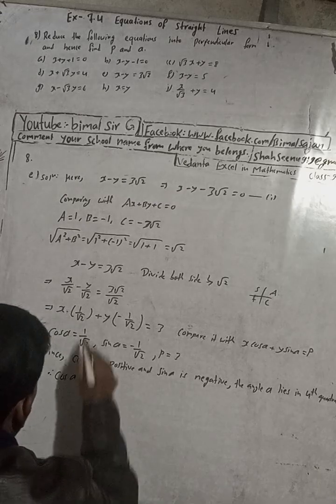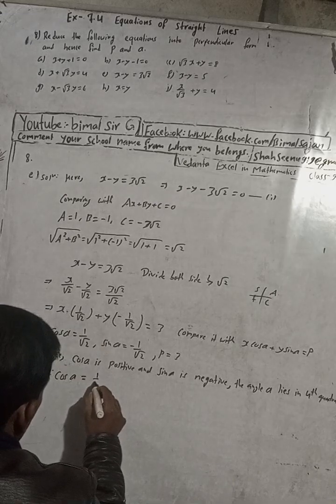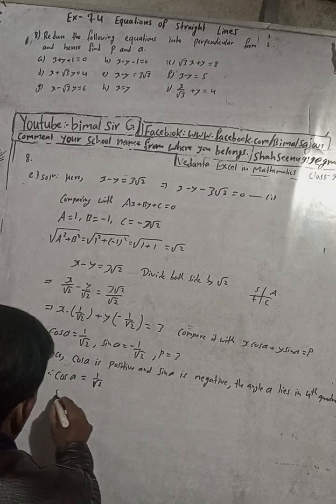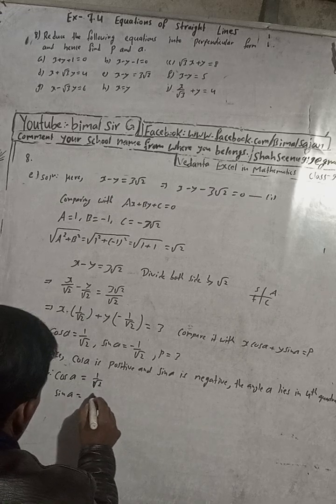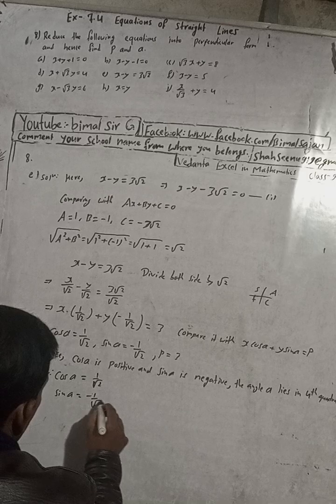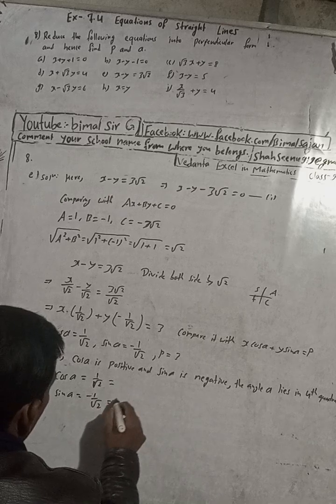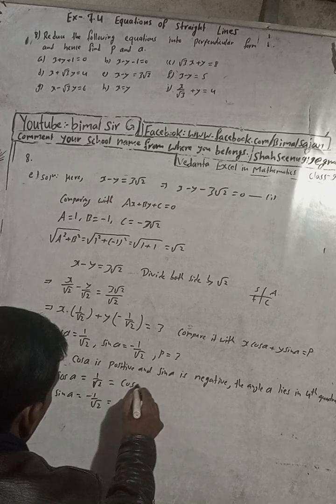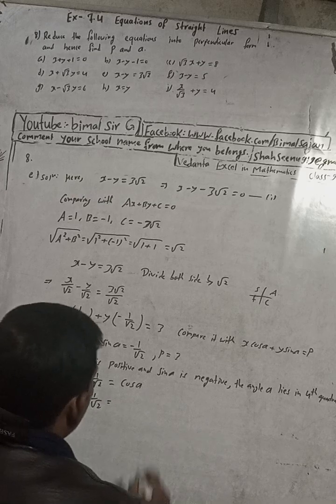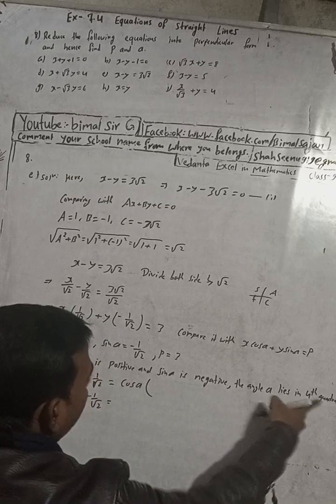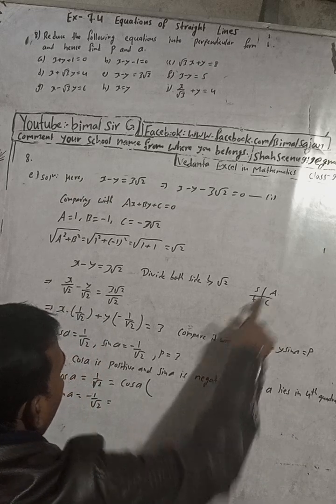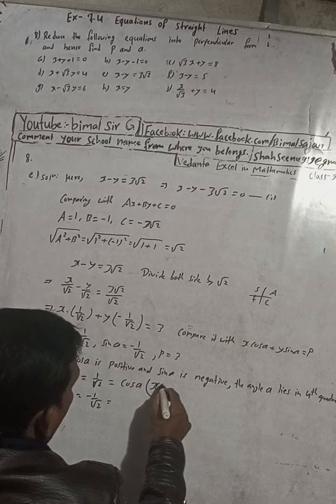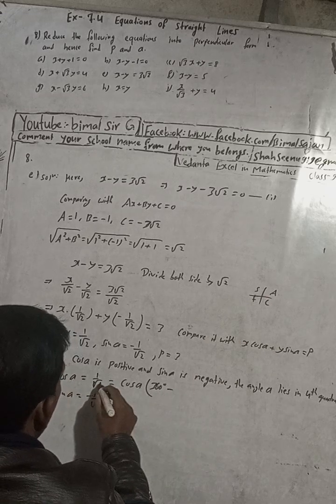Therefore I can write cos alpha is equal to 1 by root 2 and sin alpha is equal to minus 1 by root 2. In the fourth quadrant, we write 360 degree minus 45 degree.